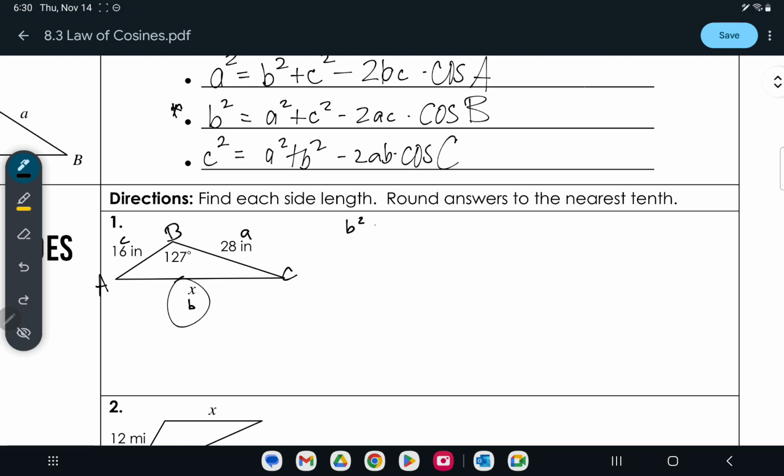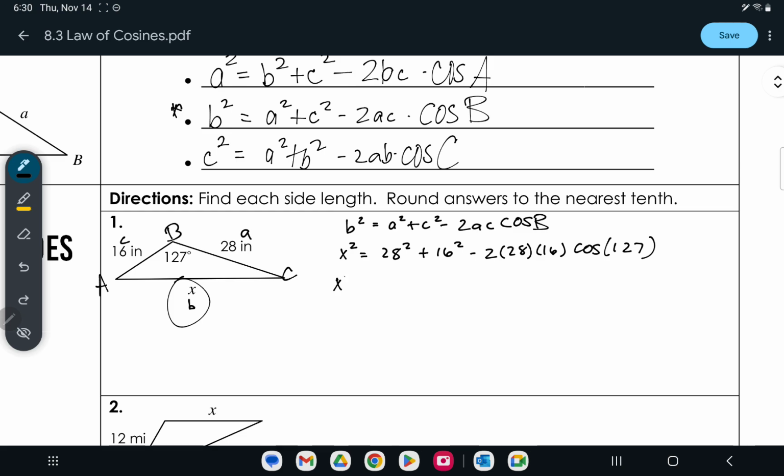So I'll just rewrite it: b squared equals a squared plus c squared minus 2ac times cosine of B. I'm going to fill in everything I know. So x squared equals 28 squared plus 16 squared minus 2 times 28 times 16 times cosine of 127 degrees.